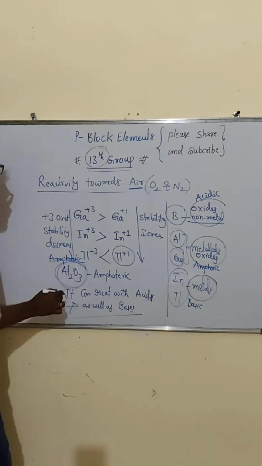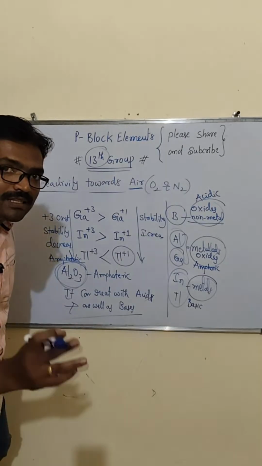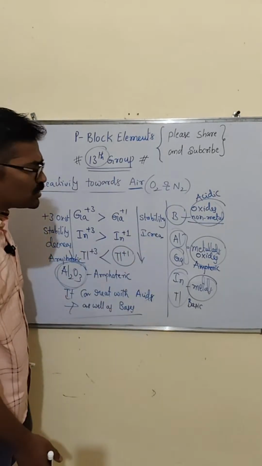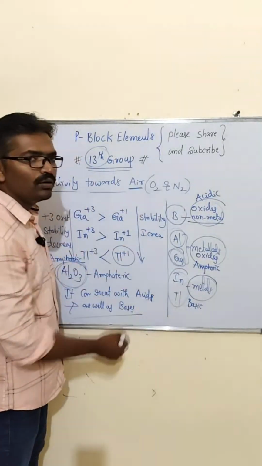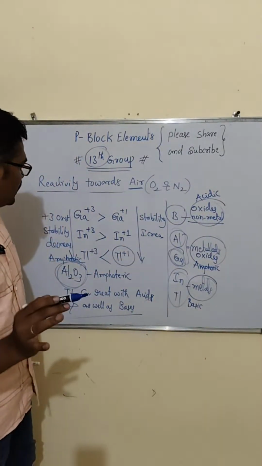Amphoteric means it acts as an acid as well as a base. Even gallium oxide is amphoteric. It can react with acids as well as bases.